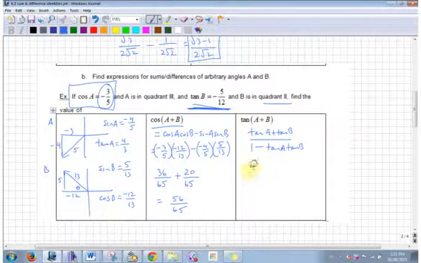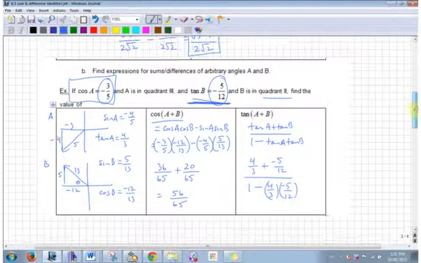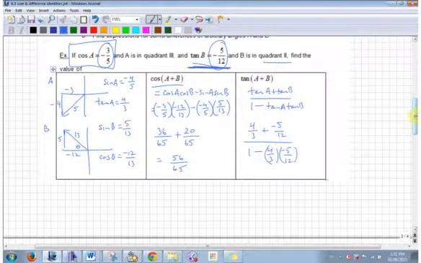So tan A plus tan B all over 1 minus tan A times tan B. It's ugly fraction stuff. But being in Math 12 pre-calculus, I think we kind of expect you to do this properly. I got to add these two fractions here, so let's make that a 12. 3 goes in there 4 times.